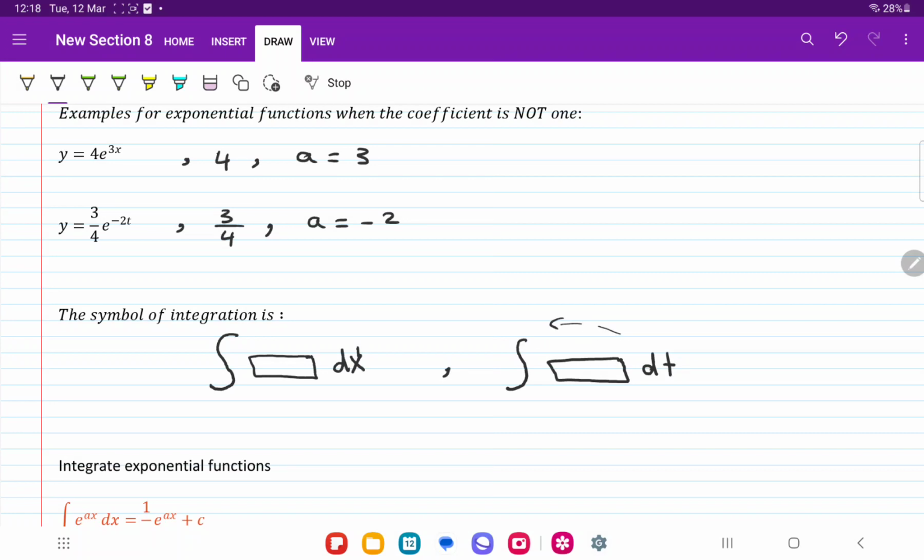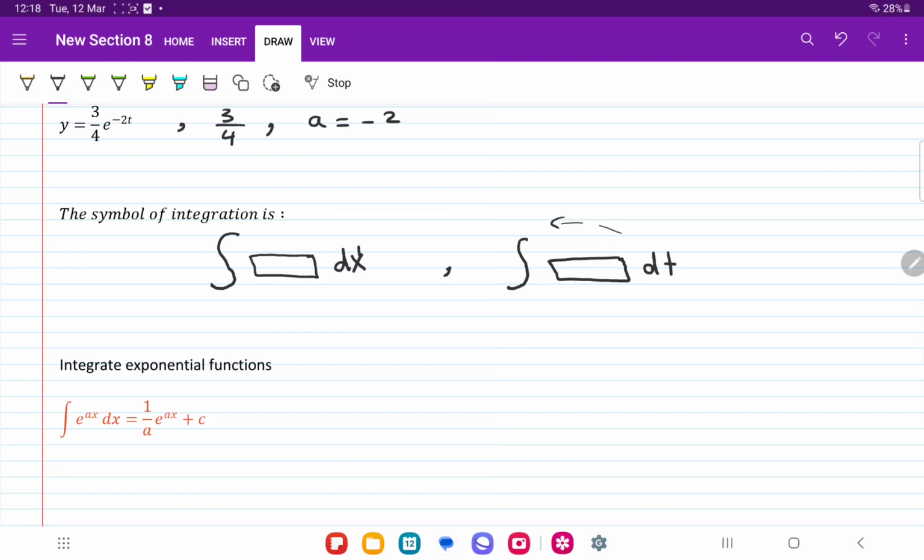Okay? Now, the formula of integration for an exponential function is, okay? Let's say integrate e to the power ax dx. The answer for that is 1 over a. Then we write down the function. And at the end, we're going to add a constant.